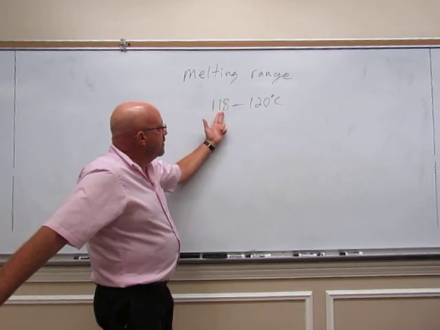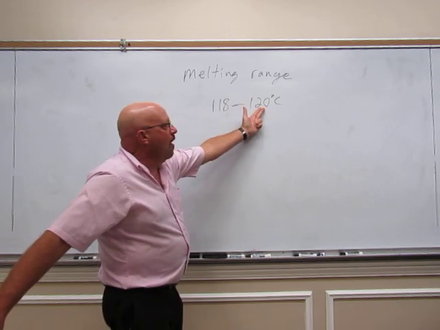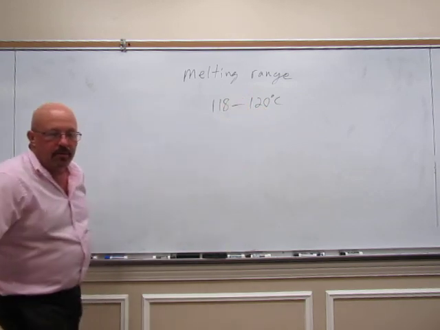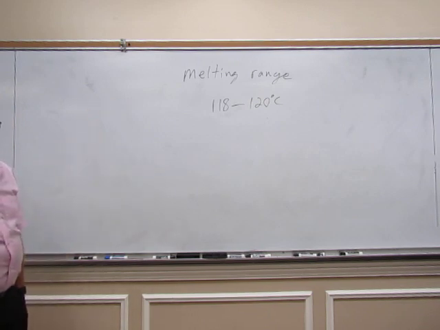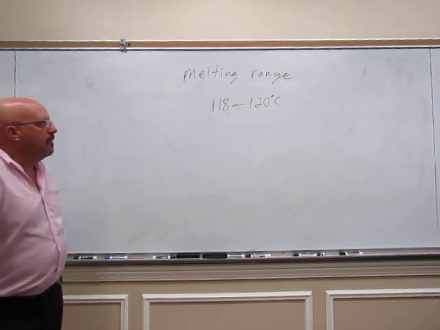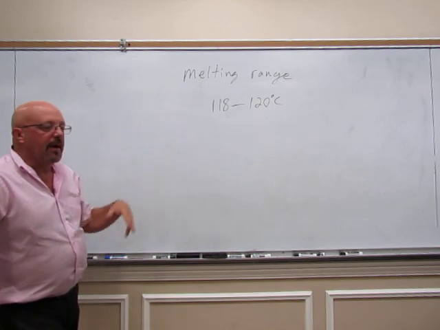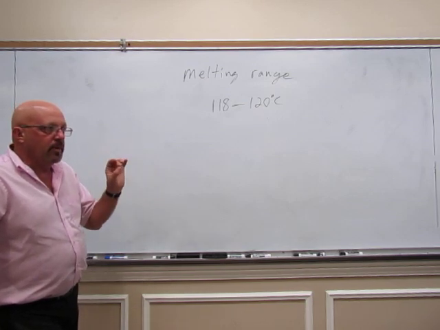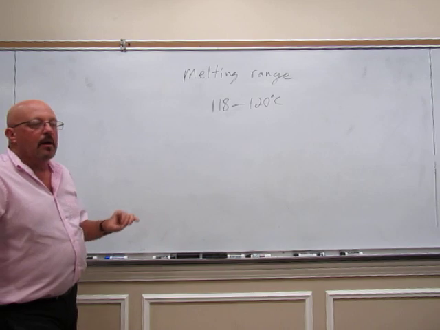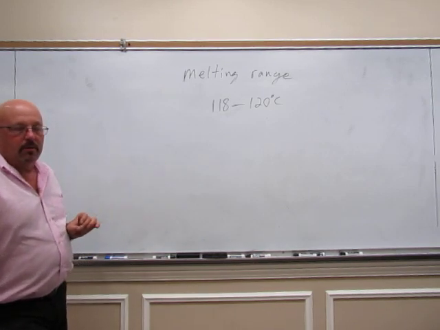When we just start to see some liquid, and when it's all liquid, no more solid present. So it's really better to say melting range rather than a melting point. So in your lab this week, I want you to report a melting range, and in all labs in the future, report a melting range when you first start to see some liquid and when it's all liquid.